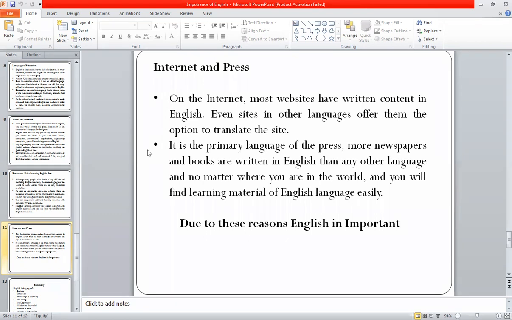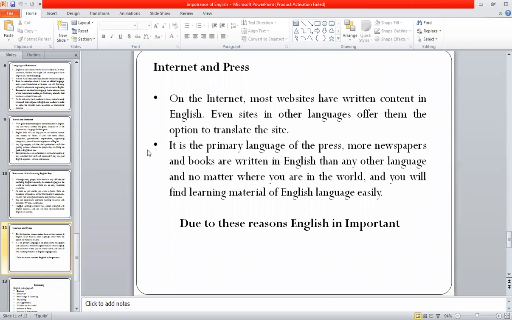You will find many books there, and they are written in English language. When you went to Pune also, you will find many street hawkers. They have put their small stall of books on the footpath. So that's why it is the most important language.